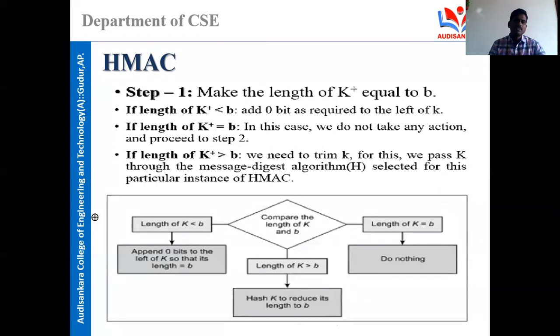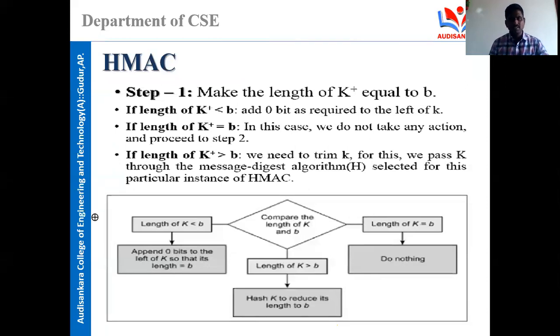What is b? The original message is divided into fixed small blocks, so b is one of those fixed small blocks. So in the first step, we make the secret key length equal to that small block length b. Here we can see three cases: the secret key length may be less than b, equal to b, or greater than b.